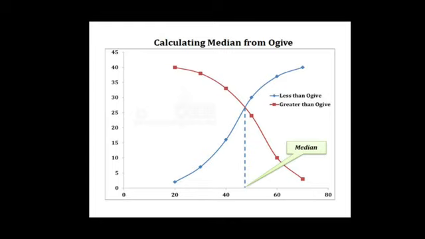The two curves will intersect at some point. A perpendicular line is drawn from the point of intersection to the x-axis. The value on the x-axis will be the median of the frequency distribution or the midpoint of the frequency distribution. Thank you.